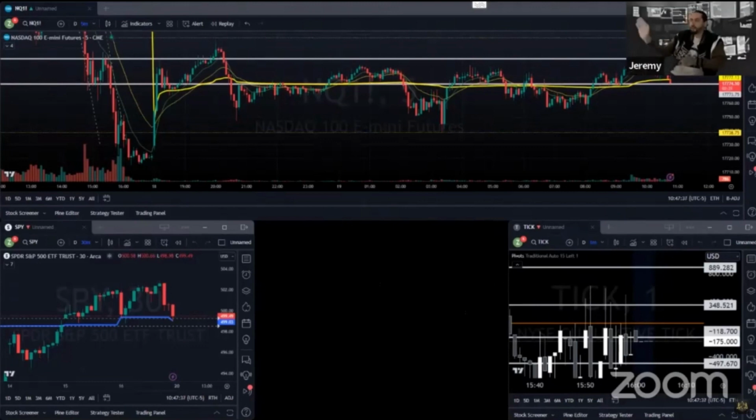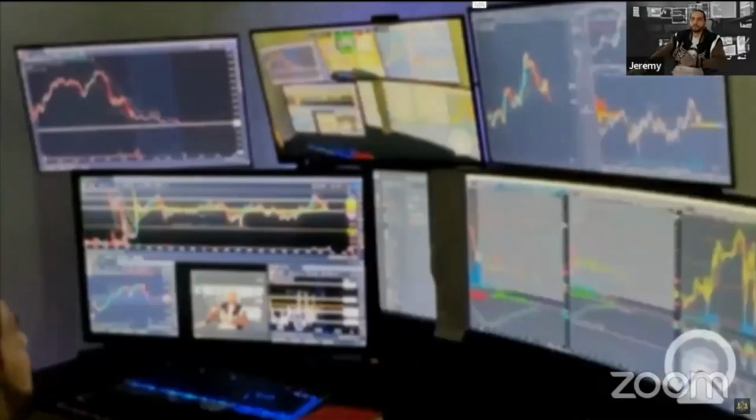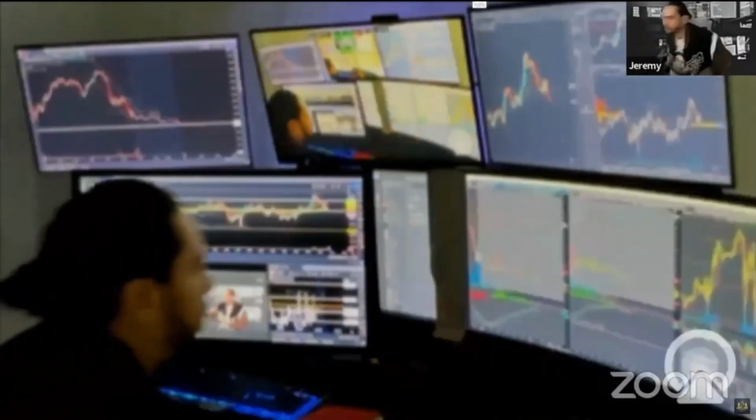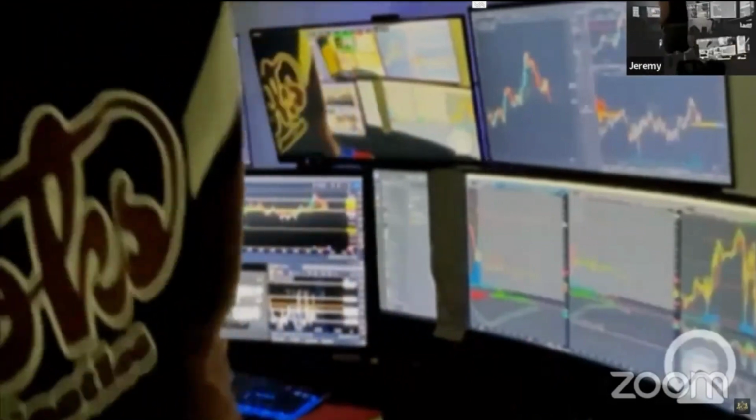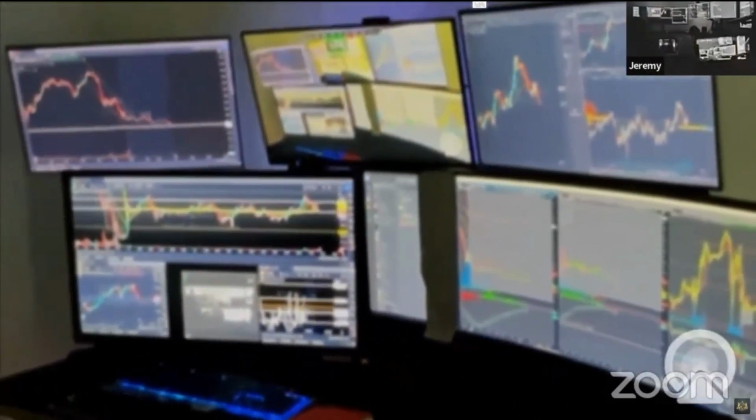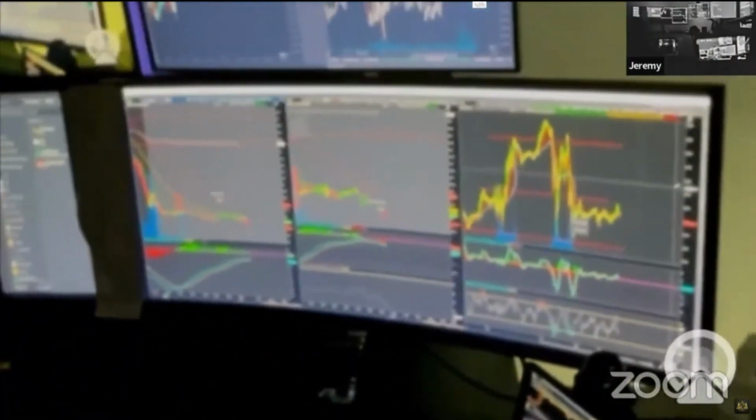And then on my other computer here, I'm going to have to change the camera to show you guys that. Let's see. On the other computer over here, I have the TOS set up. So let's get you the full idea here.